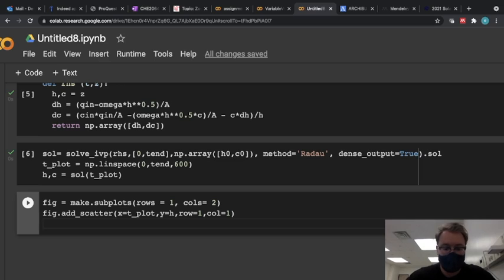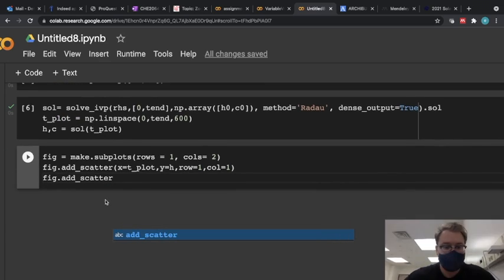And I do the same thing for my concentration. So my x is still my time plot, and my y is my concentration, and row is still equal to 1, but now my column is equal to 2 because it's my second y.